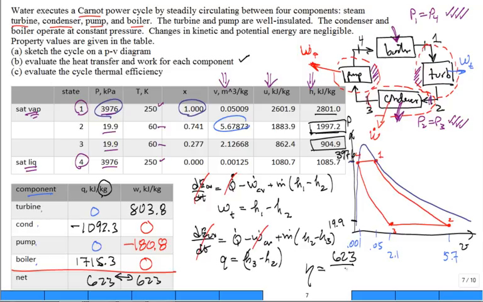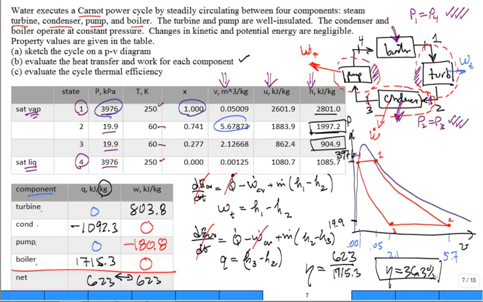The 1715.3, absolutely correct, in the boiler. And so you calculate the thermal efficiency to be 36.3%.